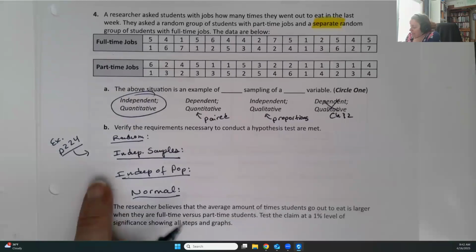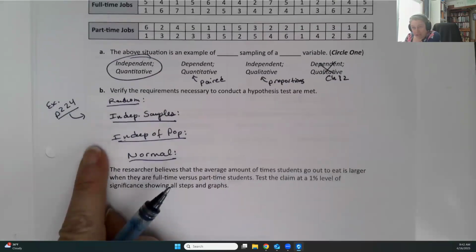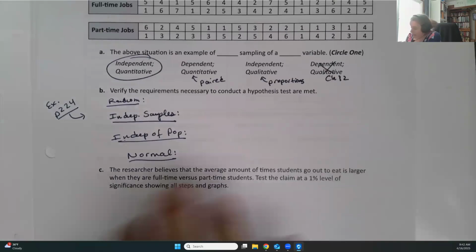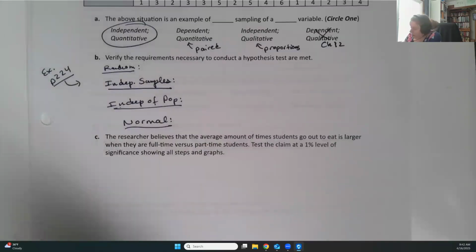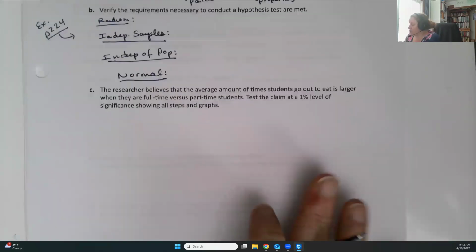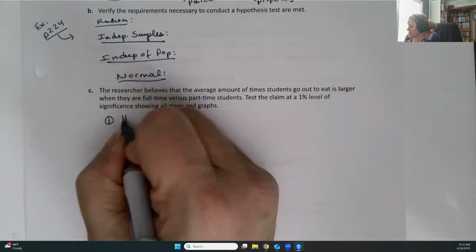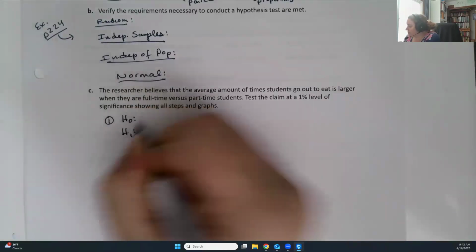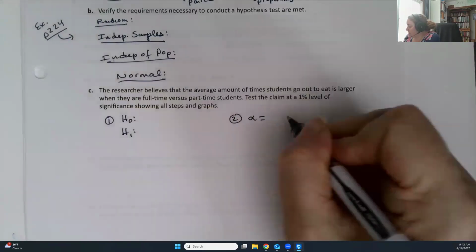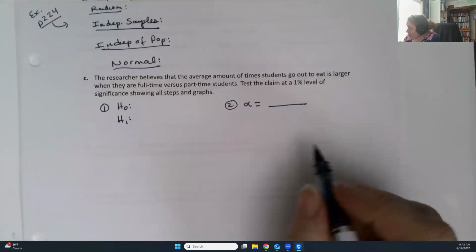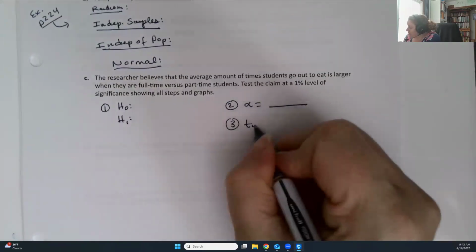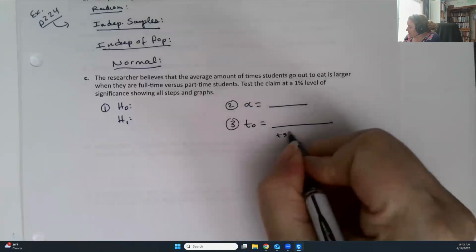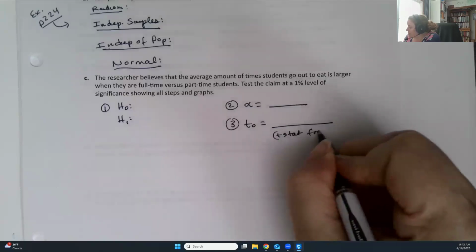Okay. I did an example like B in the notes on page 224, but you know what's coming. And then we're doing a test. So I'm just going to let you guys do the test. You know what to do. So you're going to have your H0 and your H1. You're going to have your alpha. Honestly, you could fit your T0 right here. Boom, because that's your T stat from StatCrunch.